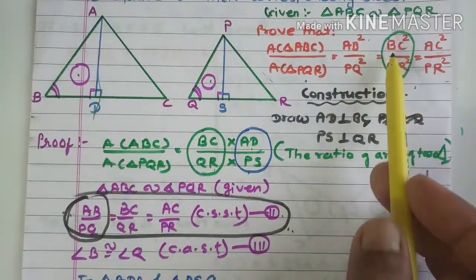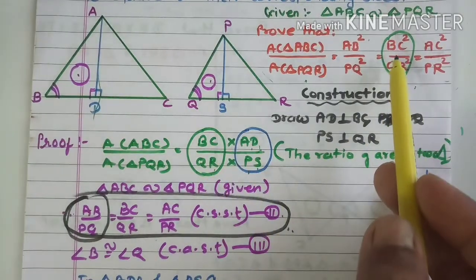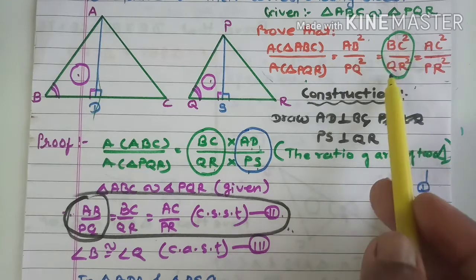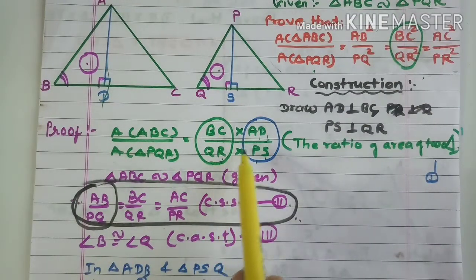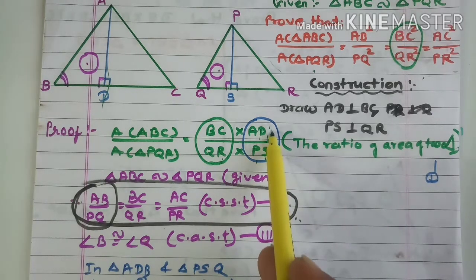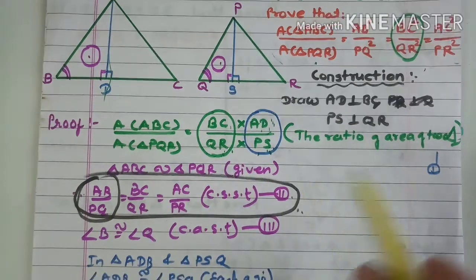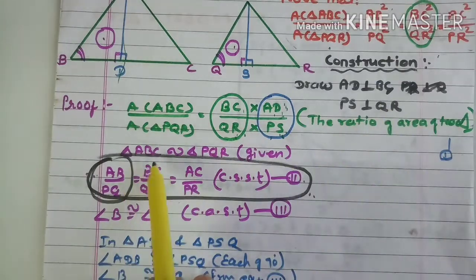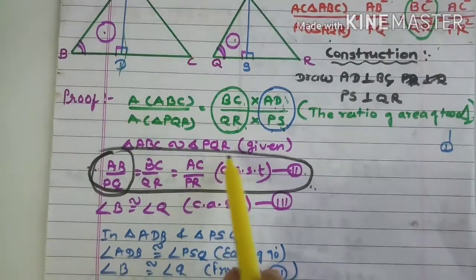We have BC upon QR and AD upon PS together, but we need BC square and QR square. So BC and QR we have, but instead of AD upon PS we need another BC and QR. So we have to prove AD upon PS is equal to BC upon QR, and for that we used what they have given: triangle ABC is similar to PQR.